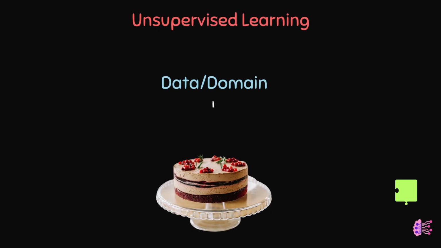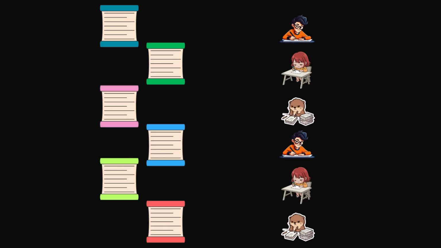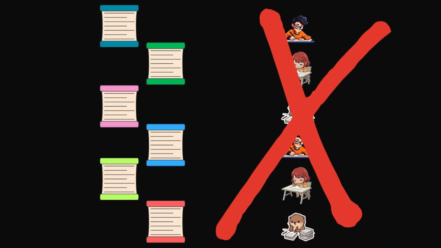The second category is unsupervised learning. The only ingredients to our cake is the data. There are no labels provided. A good use case of unsupervised learning is authorship attribution for texts with disputed authorship. In this case, we train a model on a collection of texts without providing the names of the authors. Those labels are intentionally withheld.